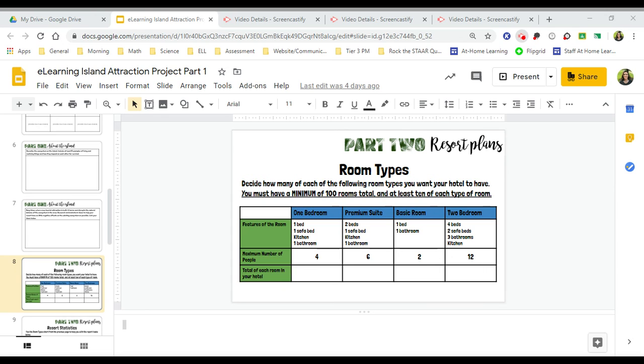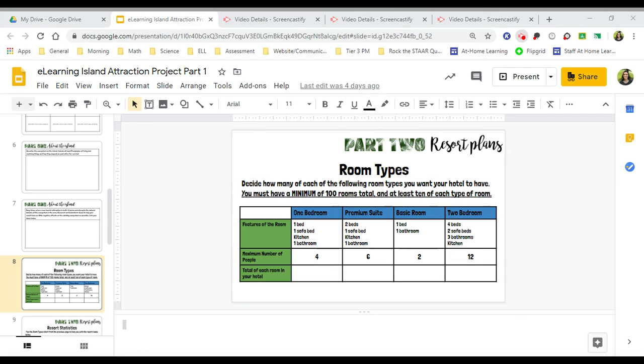Okay, how many beds are in your hotel? You want to continue the same mathematical process, thinking about how many beds are available in each of the types of rooms, and you're going to multiply that times how many rooms you have.